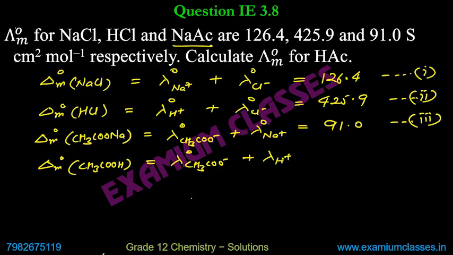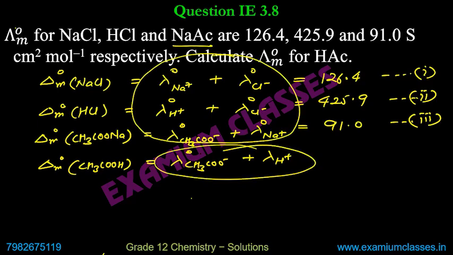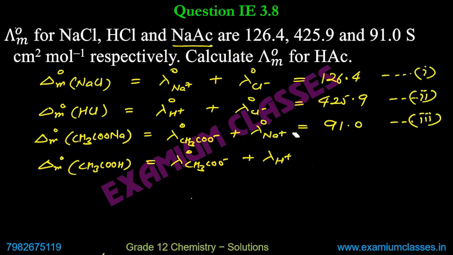And this is something you have to find the value of. How from these three can you get the required one? You need lambda CH3COO minus. It means this equation you need to use as it is.